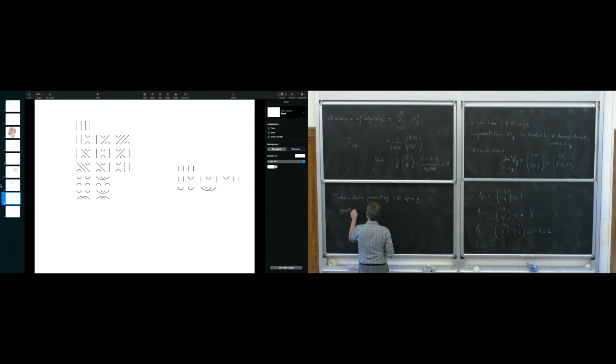Question: what is the number of representations of spin j?